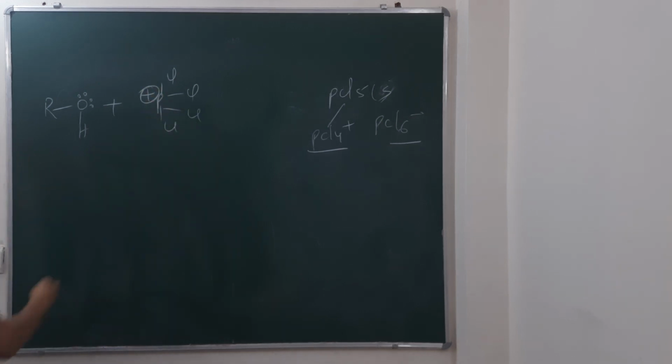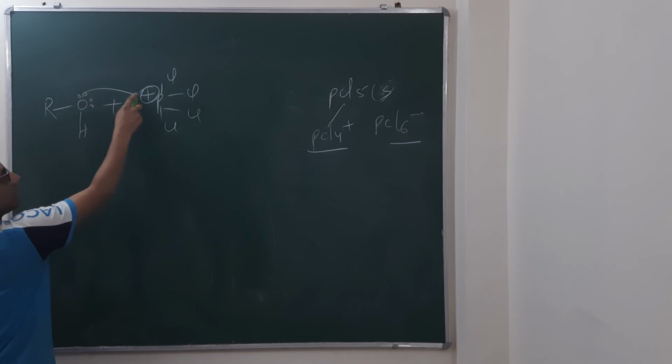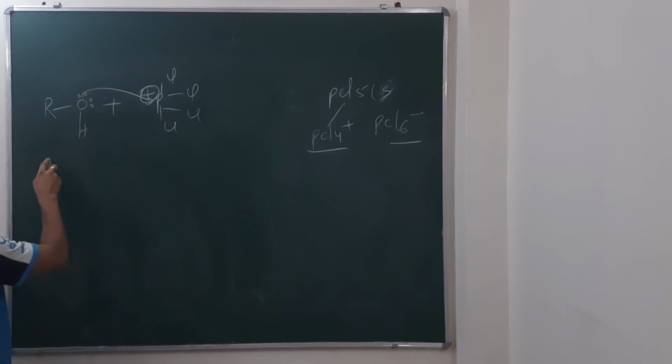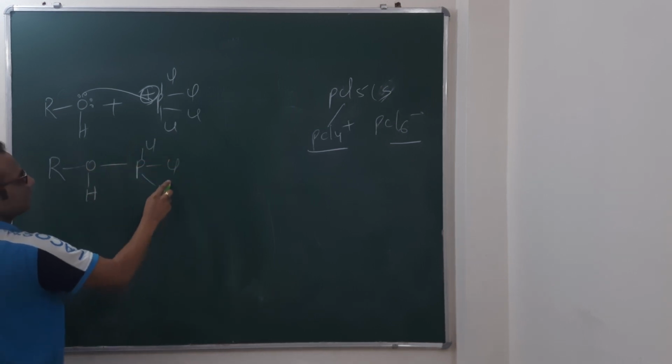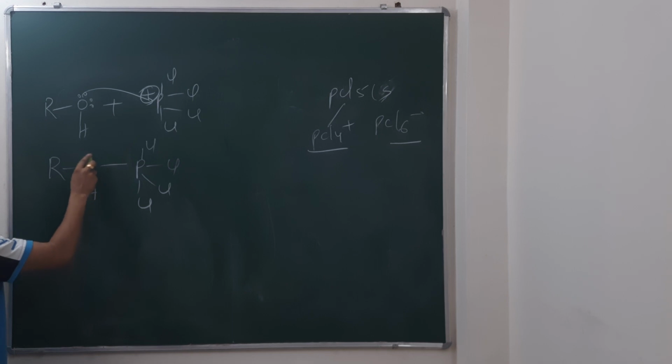Okay. Student, already it is deficient phosphorus and it has also the vacant d orbital. So that will attack on the phosphorus. R, O, H, P, Cl, Cl, and Cl. So here is the cation charge. Hydrogen will leave the positions.